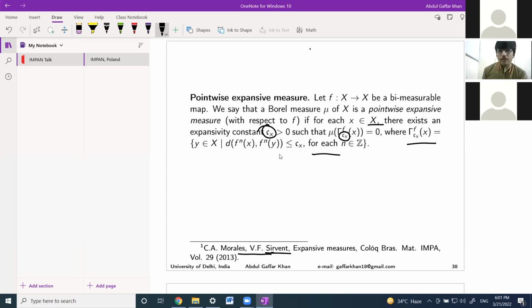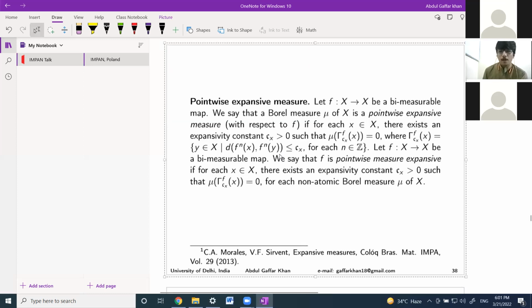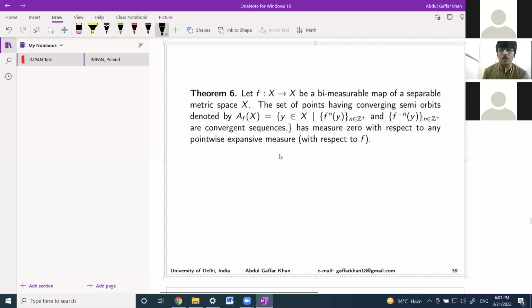So we say that f is a pointwise expansive bi-measurable map. We can define it for bi-measurable maps if this is true for every non-atomic Borel probability measure. So the constant c_x will work for expansivity for every non-atomic Borel probability measure.